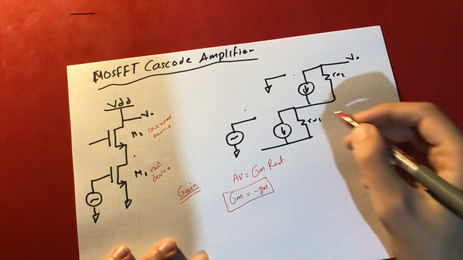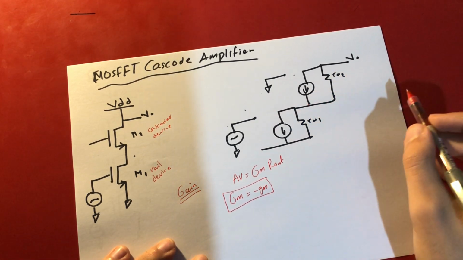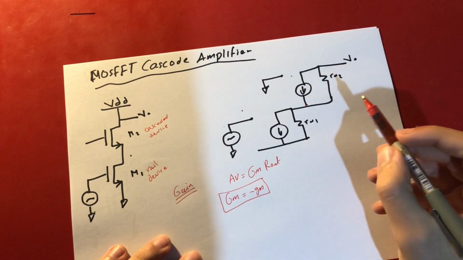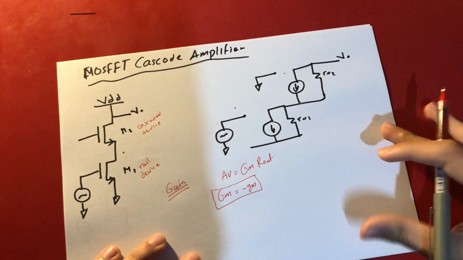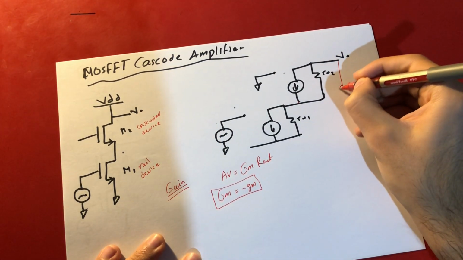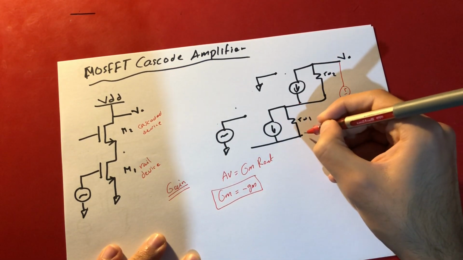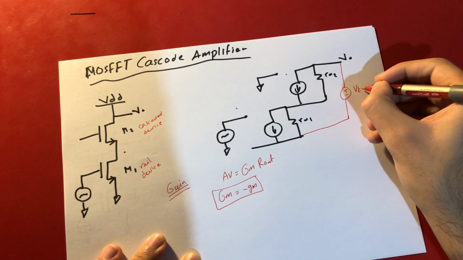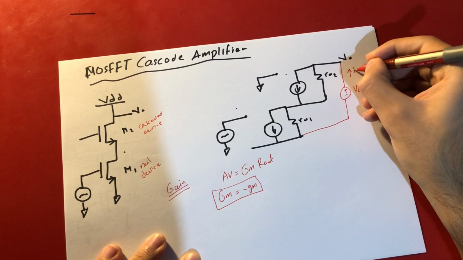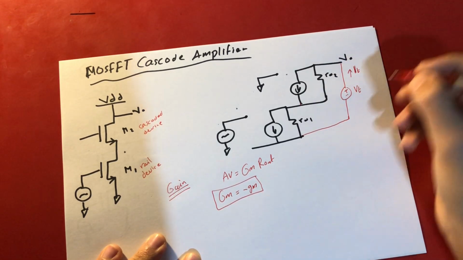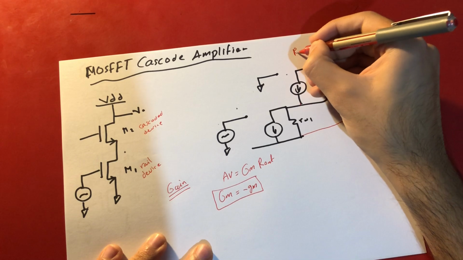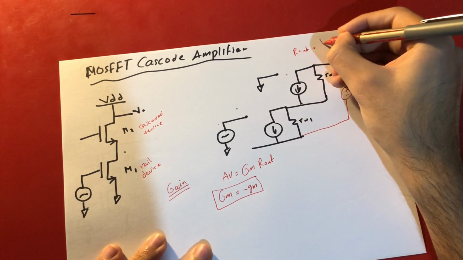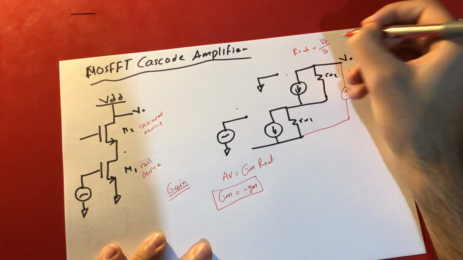Now, if it is not obvious how we can find the Rout, we just use the basic method, which is applying V test at the output and measuring the current. This is V test. And we just measure I test, IT, let's say. So the Rout is VT divided by IT.